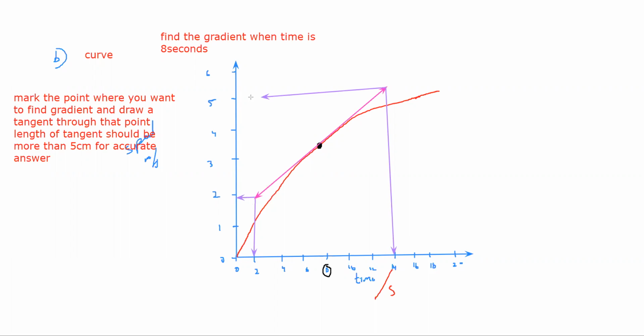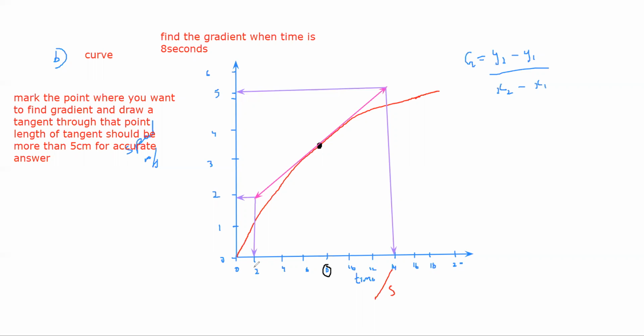And the second value on the y-axis is called y2. And we'll use the formula: gradient is equal to y2 minus y1 over x2 minus x1.